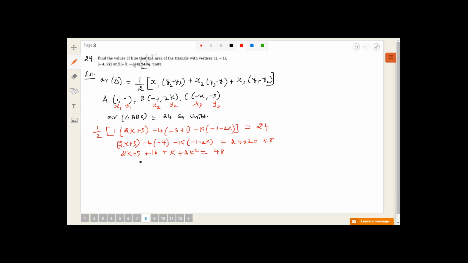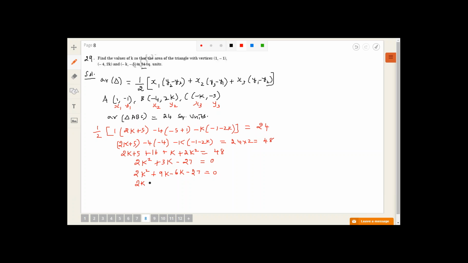Rearranging the equation, we have 2k square plus 3k minus 27 is equal to 0. By splitting the middle term we get 9k minus 6k minus 27 equal to 0, because the product will be minus 54 and the sum will be equal to plus 3.